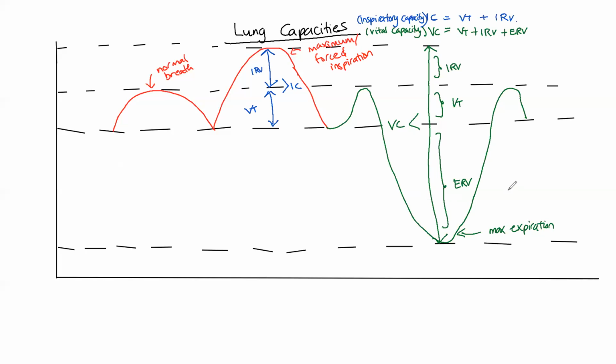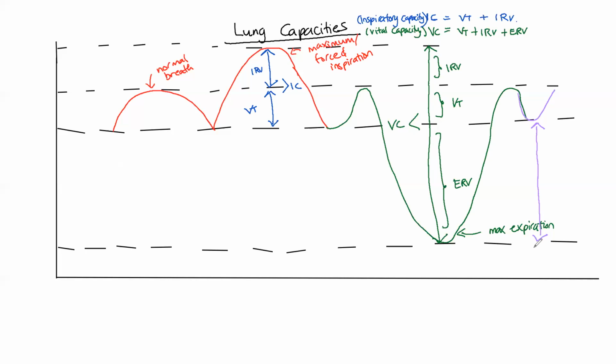All right, and then the next capacity is going to be our functional residual capacity. That's going to be all of our air that's left after quiet respiration. So after you take a quiet breath out, so this is our quiet breath in and out here, whatever's left in the lung beyond this point is going to be our functional residual capacity.